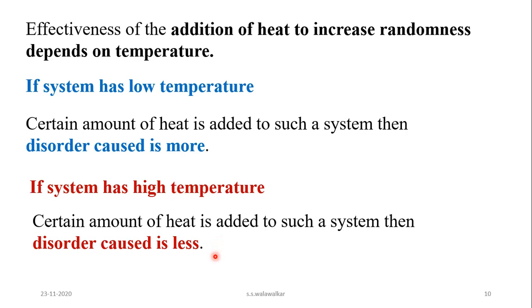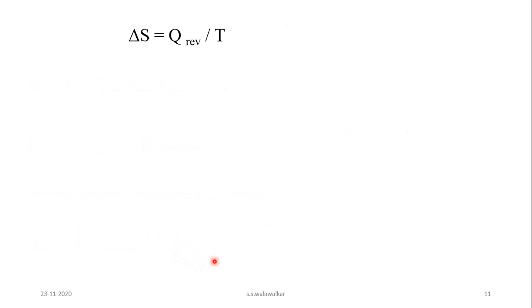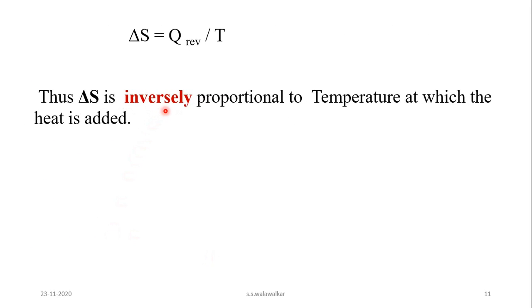If there is a noisy railway station or bus station, and someone sneezes there, then the disturbance produced is less. So when the same amount of heat is added to a system at high temperature, the disorder caused is less. So delta S is inversely proportional to the temperature at which the heat is added.